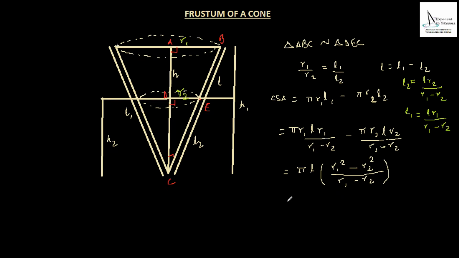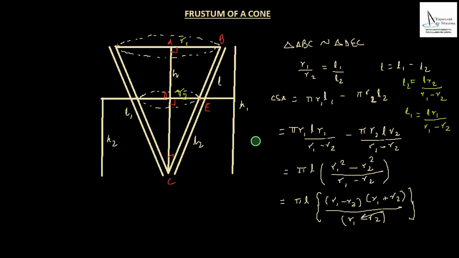Now we can see that in the numerator we have got R1 square minus R2 square. So using the identity A square minus B square is equal to A minus B times A plus B, we can replace this by R1 minus R2 times R1 plus R2, and the denominator remains the same, R1 minus R2.